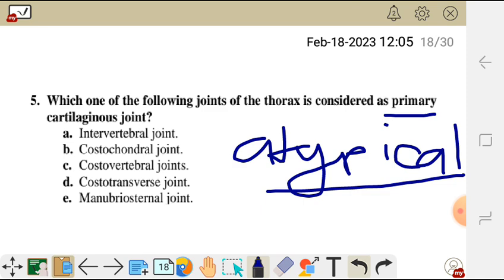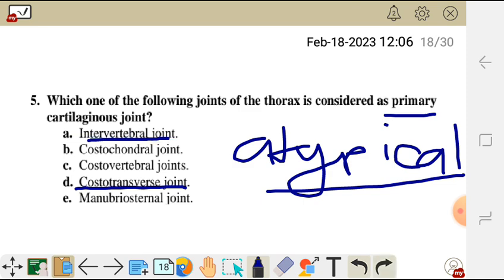Okay, so let's look at the costovertebral joint and the costotransverse joint. These two are synovial joints, not cartilaginous joints.